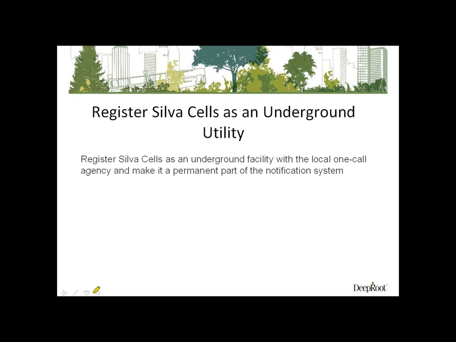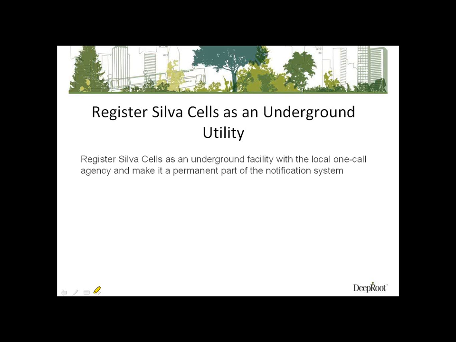One thing that we've heard of success stories and that we think is a really good idea is registering the Silva Cells with the underground utility notification service. Typically there's a local one-call service or a local utility notification service where contractors or anyone else doing work in an area can call in, give the description of the area, and then be given a list of the utilities in that area.